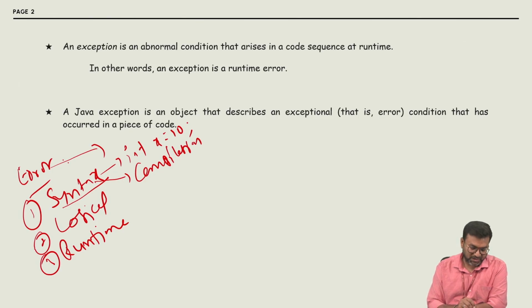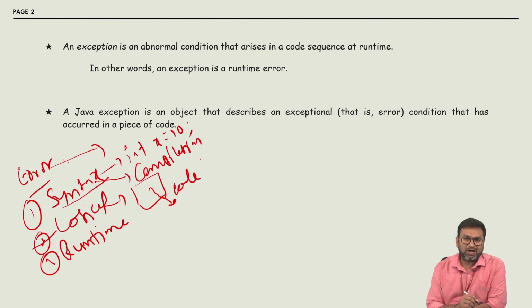And coming to logical errors. What do you mean by a logical error? A logical error occurs in our program, in the code you are writing. You have written some logic to get a desired result, but because of your wrong logic, you might get another result.